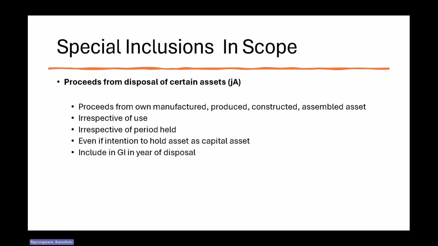So it is important to remember that the moment you have an asset that you've produced yourself, when you dispose of that asset, the proceeds from that disposal go straight into your gross income, irrespective of what your intention was, irrespective of how you used that asset, irrespective of how long you held that asset for. If you've produced it, it goes into gross income.